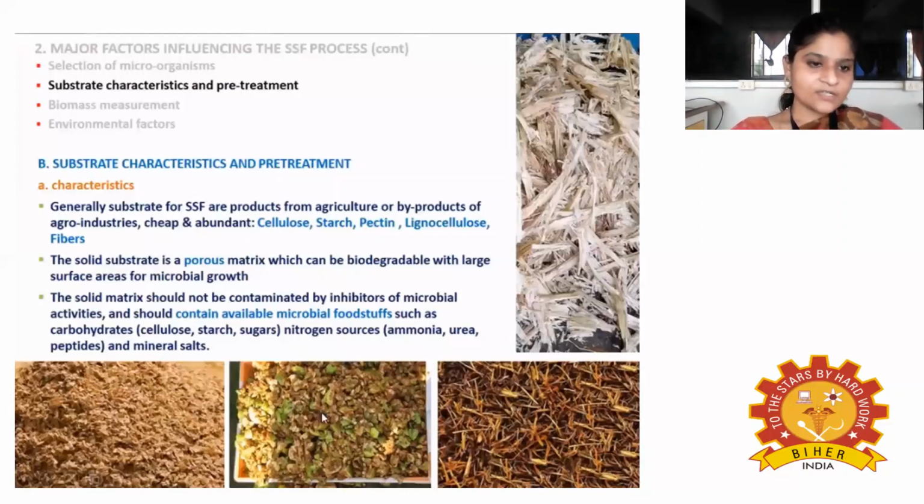Here I've mentioned carbohydrates, that is cellulose, starch, and other sugars, and nitrogen sources, ammonia, urea, and peptides, and other minerals that are required. See, you're going to pour some media into it, isn't it? This media will definitely have a carbon source, a nitrogen source, and other mineral salts in it, right? Likewise, this biomass should also have all the required nutrients in it. Only then will your microorganism utilize all these nutrients and grow, right?